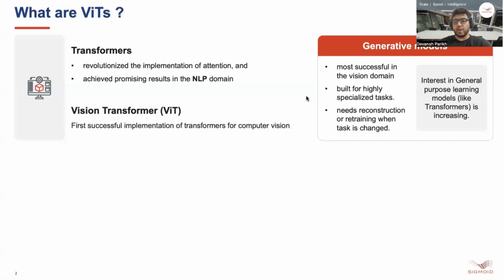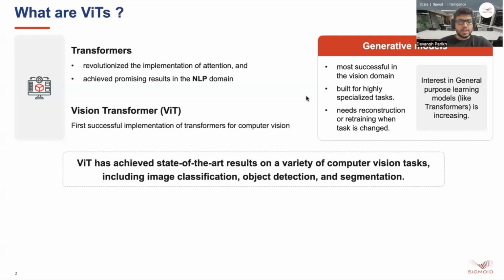This has led to heightened interest in general purpose models like transformers. We have seen that ViT has achieved state of the art results in almost all the traditional computer vision tasks like image segmentation, object detection, and image classification. They have also shown advantages over traditional convolutional neural networks by being more scalable, etc., as we will see going forward.